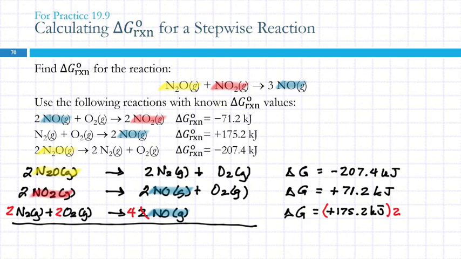Now, does that help things? Well, I have two N2s and two N2. So those are going to cancel out. Here I have an O2 and another O2. That's a total of 2. And over here I have 2. So those are going to cancel out. So then I can copy down what's left.